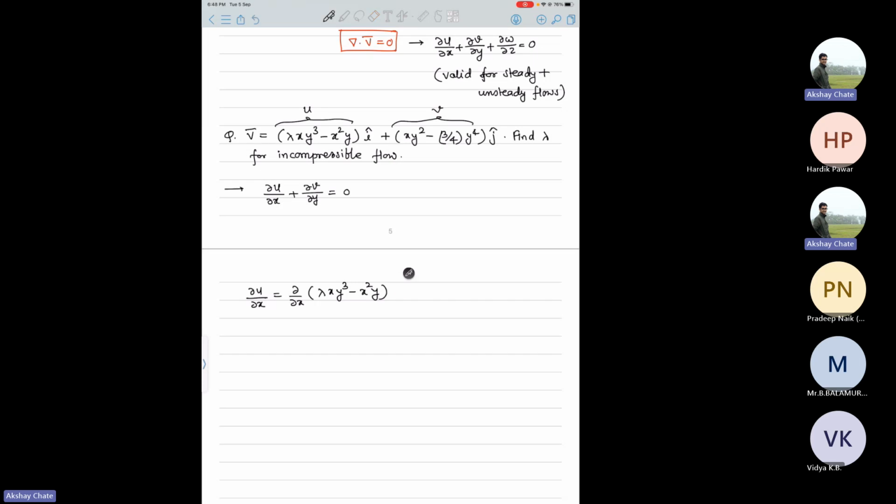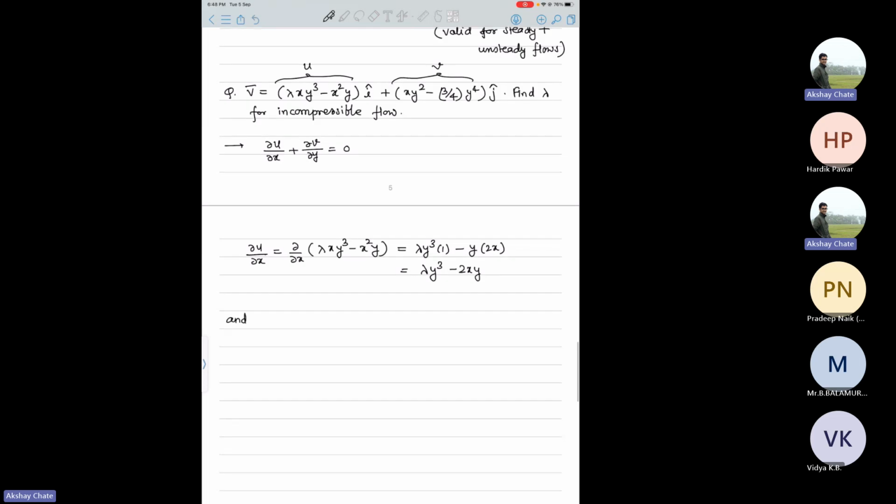So then, the first term lambda is constant, y cube is also constant with respect to x, and del x by del x is 1. Minus, y remains constant and the differentiation of x square is 2x. So we get lambda y cube minus 2xy as our first term. And del v by del y is again del by del y of xy square minus 3 by 4 into y power 4.